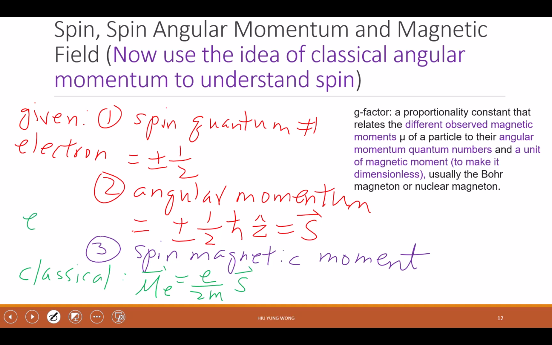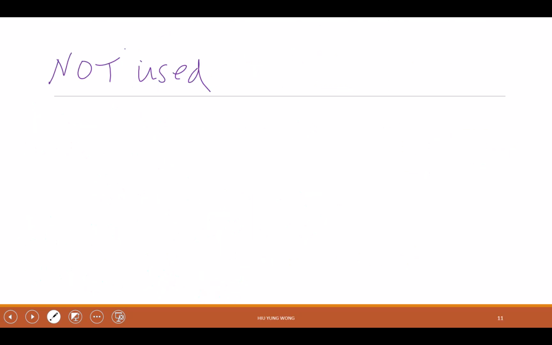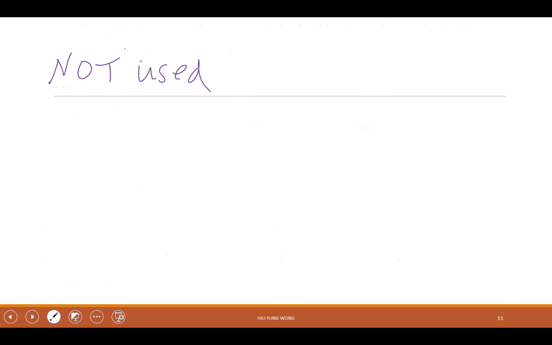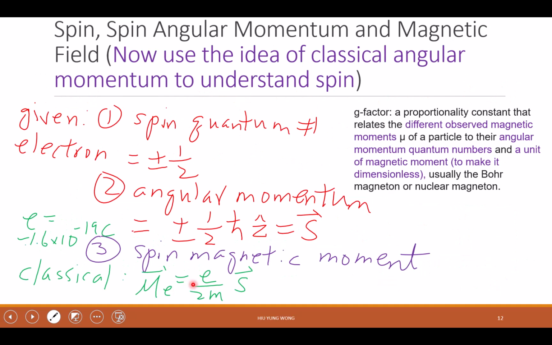With e equal to negative 1.6 times 10 to the power negative 19 coulomb, right? Classically, remember, we went through the classical derivation: magnetic moment equals q divided by 2m times L. Shouldn't I expect mu equal to e divided by 2m times S? But this is wrong.